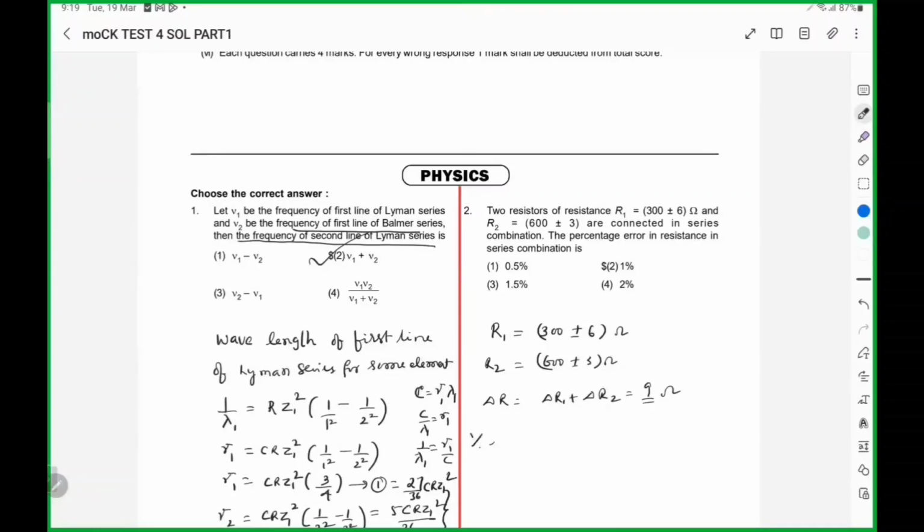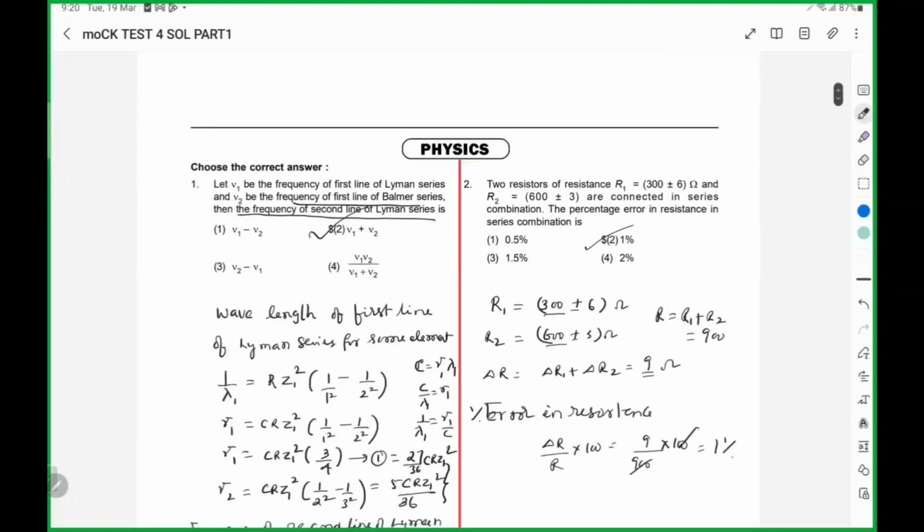The percentage error in resistance is delta R by R into 100. R here is effective resistance since they are connected in series, 300 plus 600. So it's nothing but 1%.